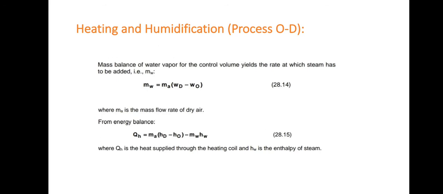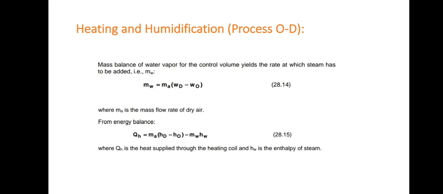So Mw is equal to Ma multiplied by Wd minus Wo. The water content will be increased, so the mass flow of water is equal to Ma multiplied by Wd minus Wo. Ma is the mass flow of air multiplied by the specific humidity difference at exit point minus inlet point.